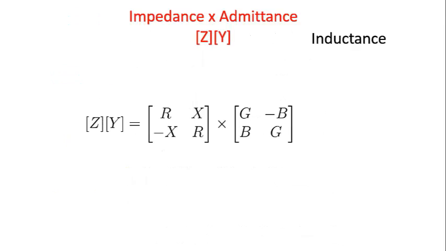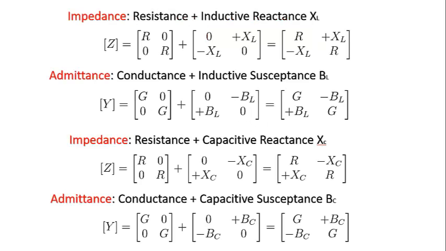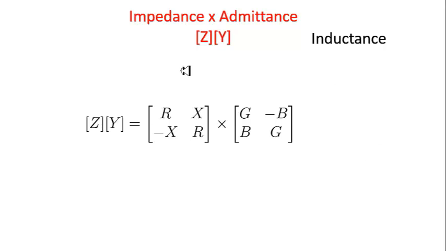Similarly, the inductive susceptance is negative in the upper right corner and positive in the lower left corner. So just by looking at this, I can tell that this is the case of the inductance. I'm not going to write the little subscript L, just to make the code look a little cleaner.